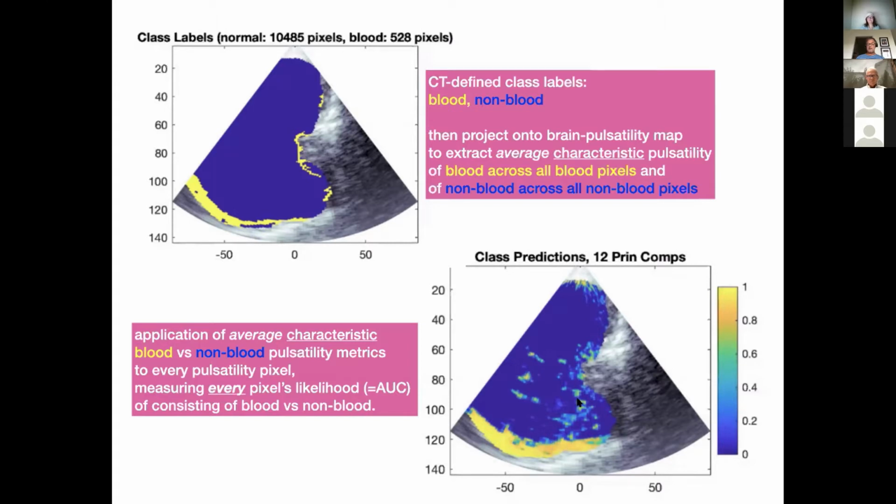We do have false positives relative to CT, small motes scattered throughout the brain, and among the art for us is to optimize this ability to detect blood versus non-blood prospectively and to remove these false positives. I'm now going to show you several examples, and then I'll have an ask for help.